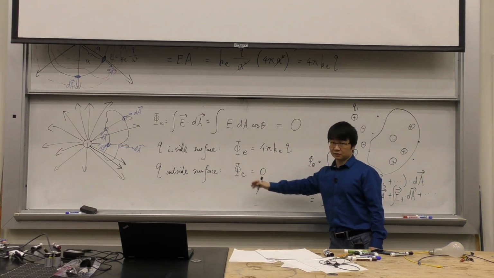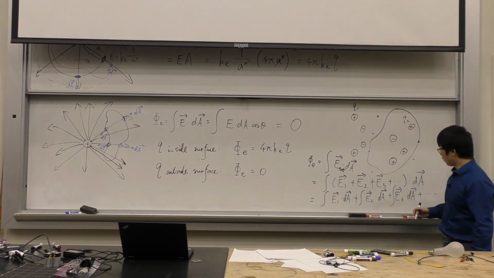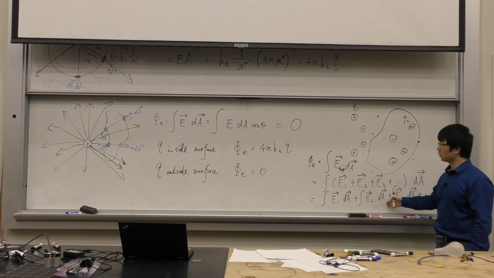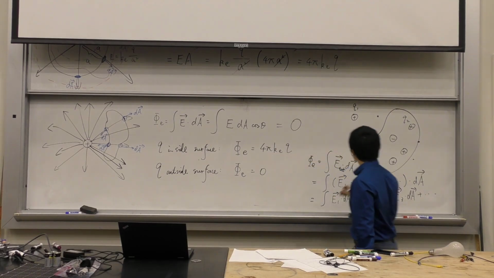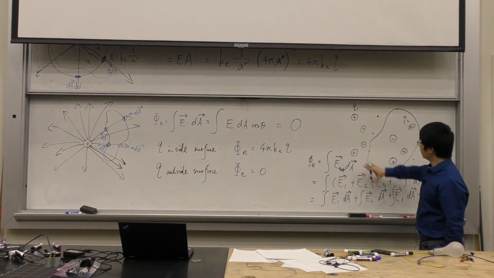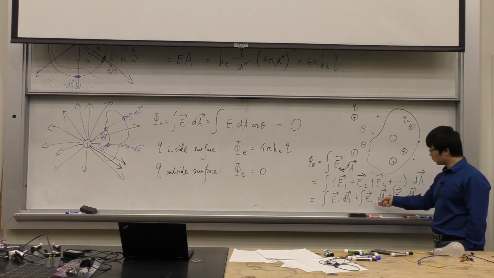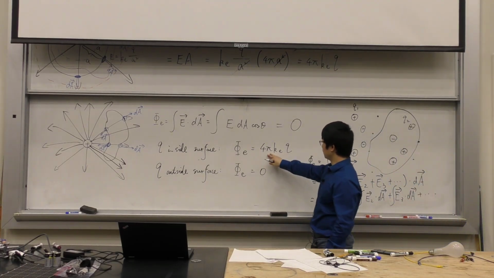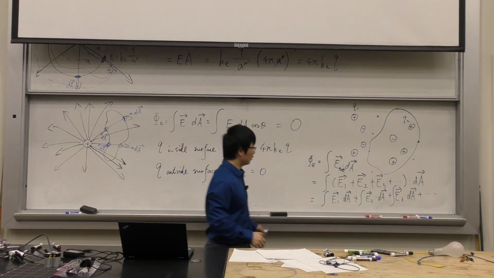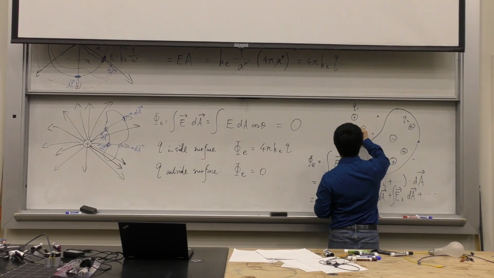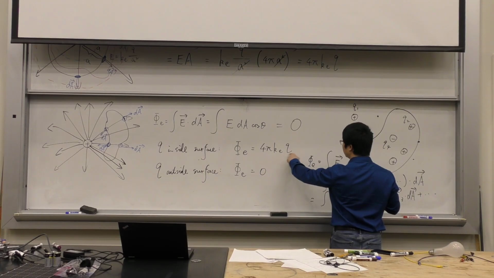If it's outside, you get a 0. Now Q2, if I call this one Q2, well, this term is just going to be when you have a charge inside the surface. You only have Q2 here, you remove all the other charges, this is the term you're going to get. And for this Q2, I can just use this conclusion. So I will just get 4 pi Ke Q2, right? So if Q3 is outside, it's 0. If Q4 is inside, 4 pi Ke Q4.